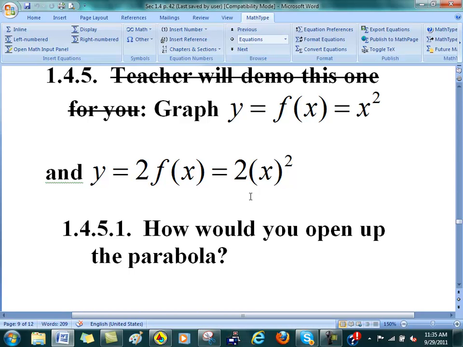Anybody want to complain about it? Anybody want to complain, Surbir? No, see my fist here? Got it? And then do 2 f of x on the same graph.